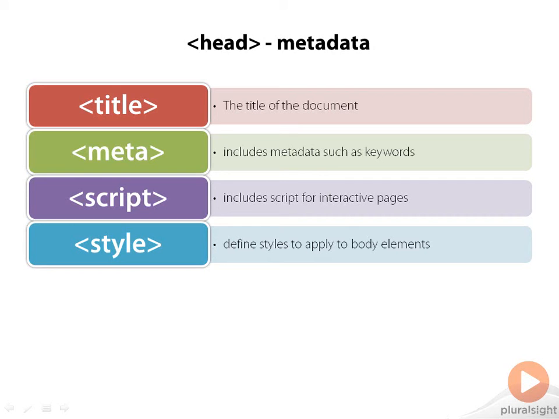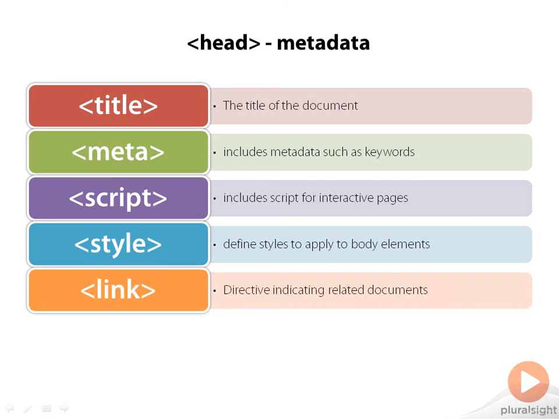This allows you to apply to the body elements different styles such as positioning, colors, alignment, those sorts of elements. And we have a whole course on cascading style sheets, where you can get more information on that. And we have several different courses on JavaScript if you want to learn more about creating interactive pages.